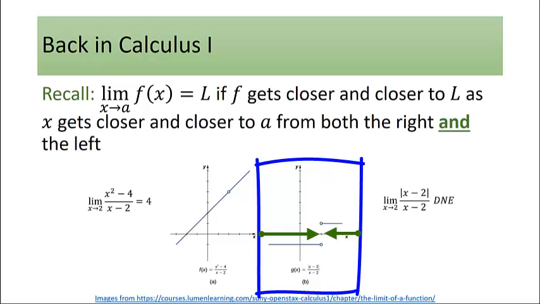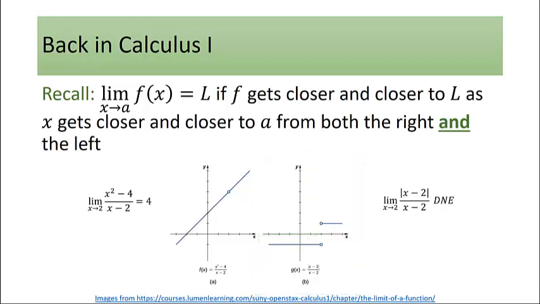And since we ended up at different y values, we would say that the limit as x approaches 2 of the absolute value of (x minus 2) over (x minus 2) does not exist. And so the key here, the fact that we had to approach from both the right and the left, really what we were doing is looking at all possible ways x could approach the value a along our domain.